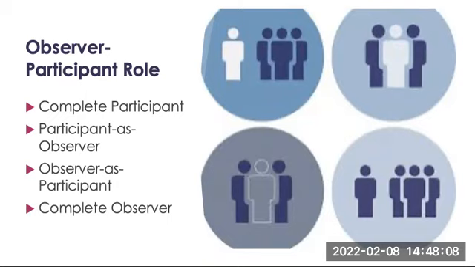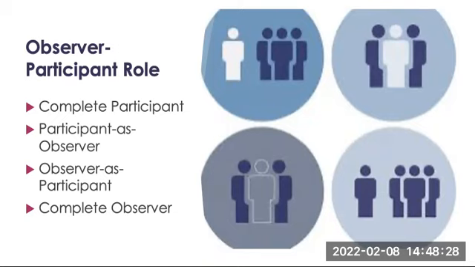They can become participant as observer, which means that they can become a full participant, but they don't deceive participants. They're only observers, but they don't deceive participants or make them believe that they're also participants.